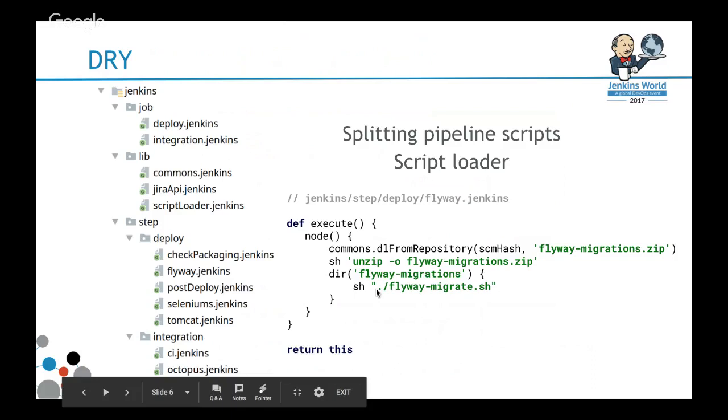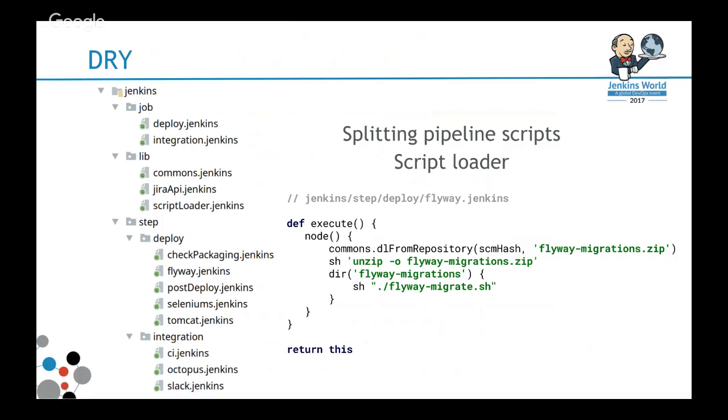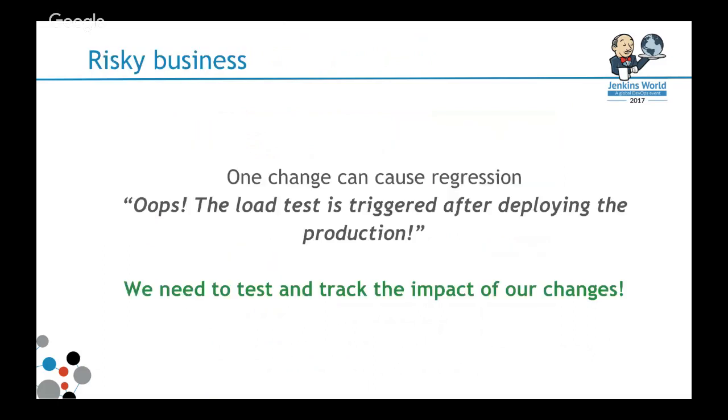So we hadn't been into declarative pipelines yet, but we realized that developing pipeline code was risky, and we should test them, because we didn't know when we push the code, it will go into our master branch, and maybe it will break all the pipeline.